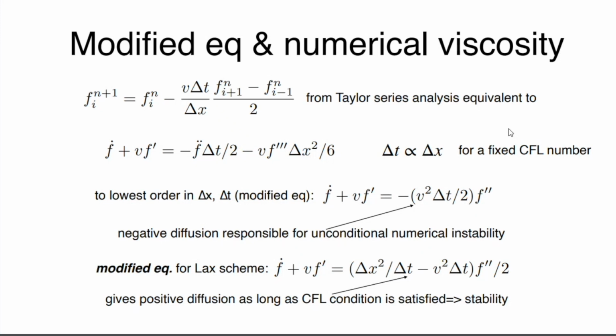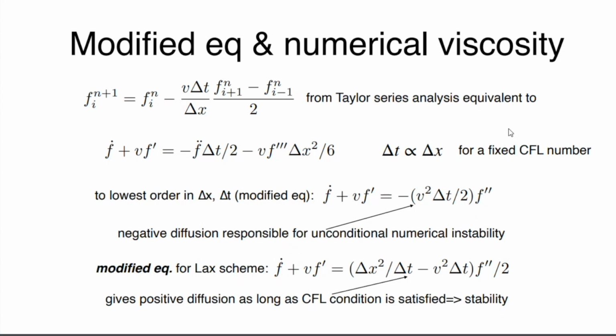This is very handy. Now, whenever you're doing this analysis, you want to write the time derivatives in terms of space derivatives. They're very easy, right? F dot plus B F prime is equal to 0. So you can write F double dot in terms of spatial derivatives. If you do that, you get this equation.